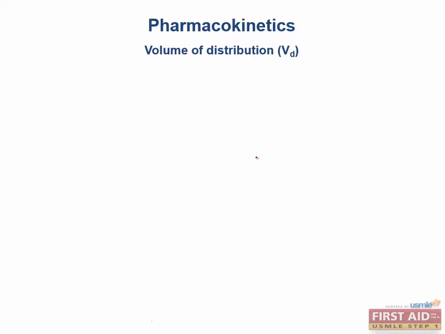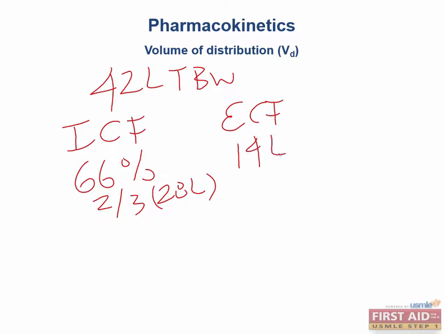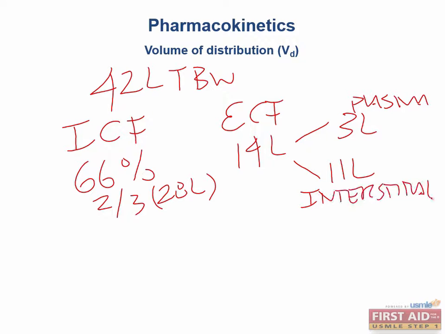The fluid compartments that compose the theoretical 42 liters of total body water mean that we're talking about the ICF, which is what total percent of body water? 66%, or 2/3. So that's pretty big, right? That's 28 liters, and the ECF is the remaining 14 liters. Remember, the ECF is further divided into 3 liters of plasma, blood volume, and 11 liters of interstitial fluid.